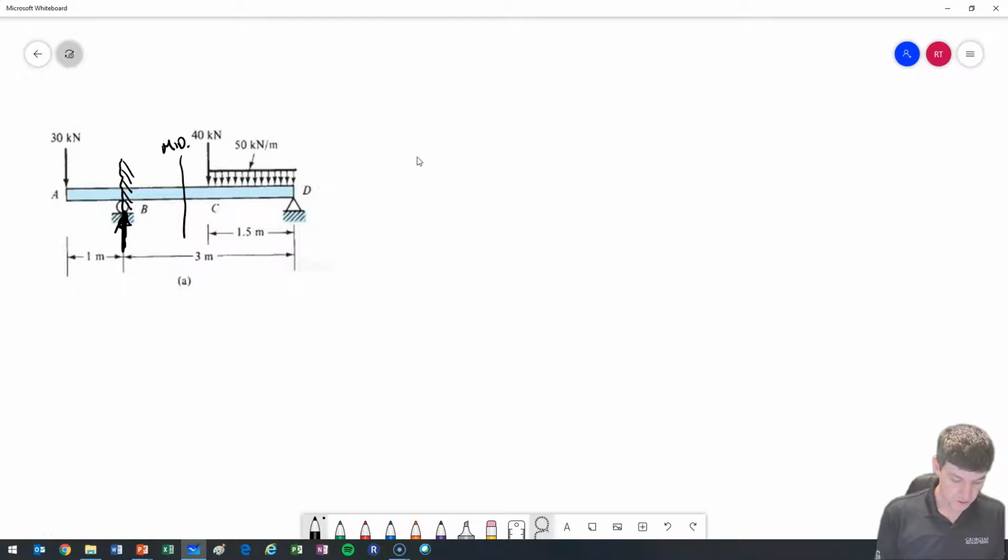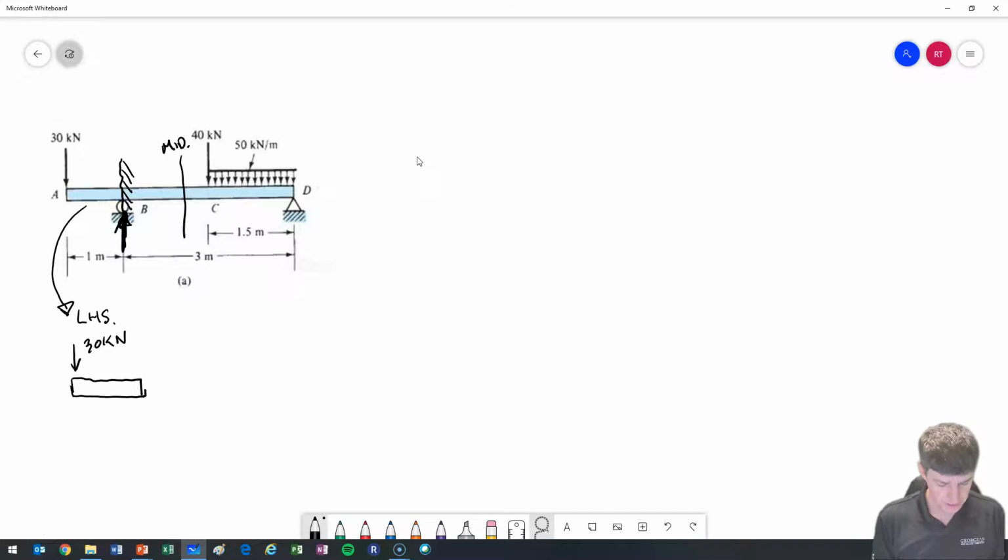So if I was to find B and just look at the left-hand side, what I have is my section of beam. I have 30 kilonewtons pushing down. And then I could include my reaction force at B, but as we said, maybe we don't.